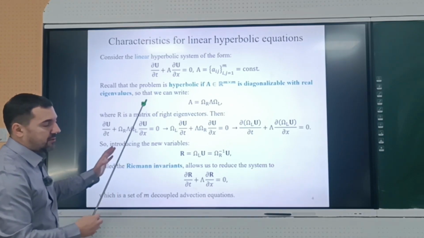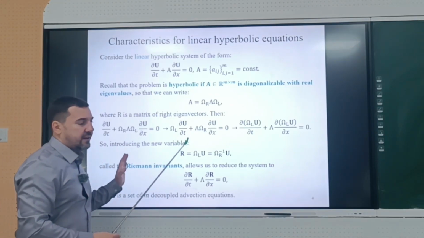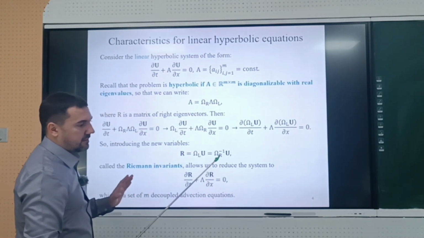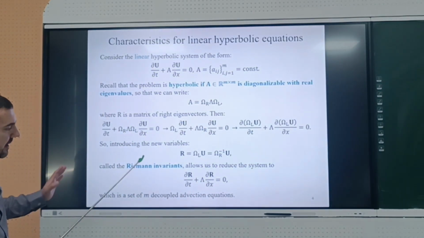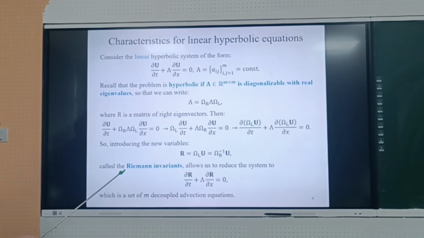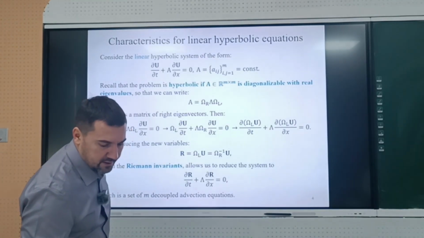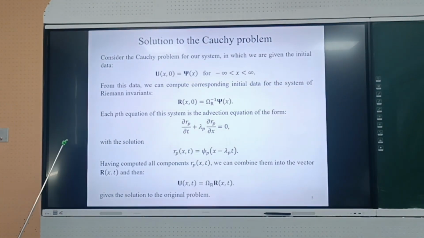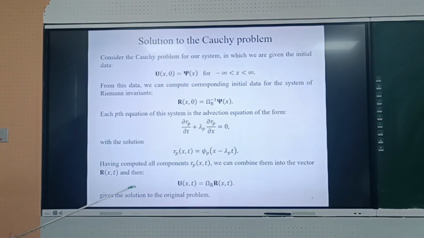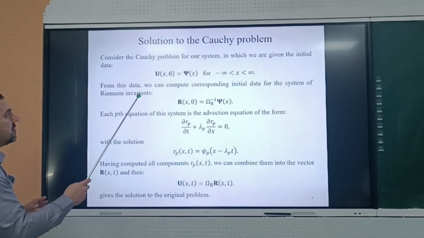First of all, a couple of slides about theory, and then I will try to explain a number of issues on a very simple practical example. This is actually very simple, for the linear system. But what's next? We want to understand the wave behavior for this linear system. Solution to the Cauchy problem. Consider the Cauchy problem for our system.